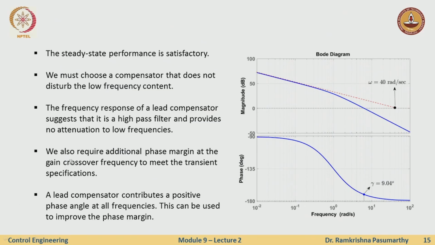We also require additional phase margin at the gain crossover frequency to meet the transient specifications, and the lead compensator provides that. So this should actually not be 9, but close to 50. This is what we will achieve with the help of a lead compensator.